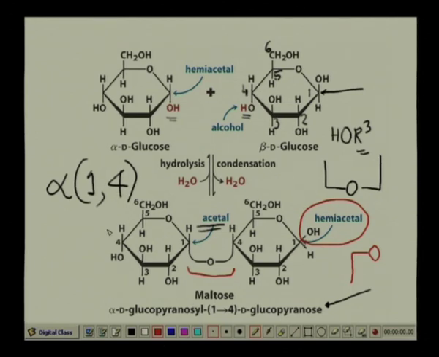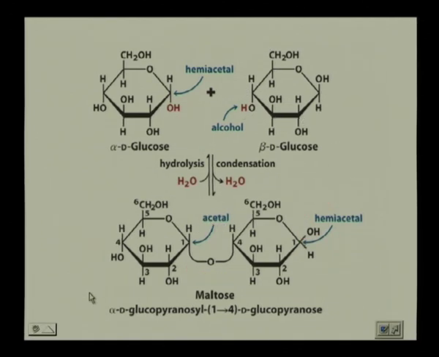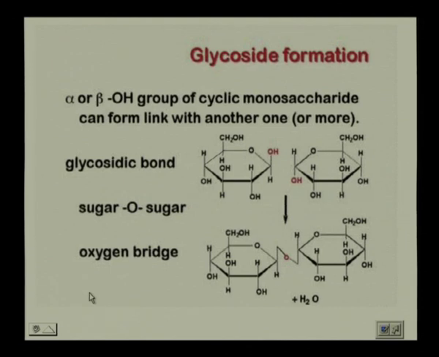Okay. Let us look at a few more. What do we have? We have this going up. So, what is this? Beta. It is linking with the 4th carbon. Is this the 4th carbon?